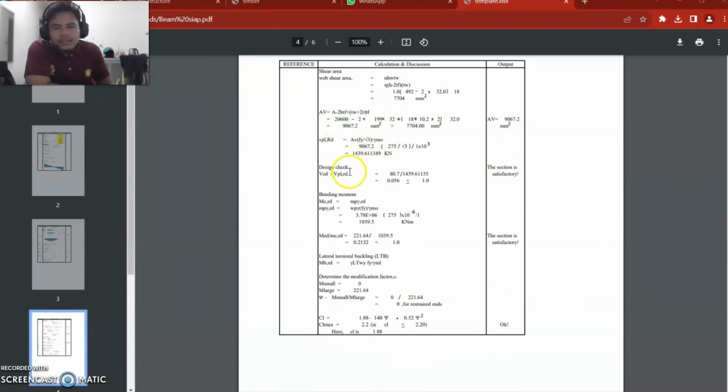After that, calculate the VED to get a section certified or not.